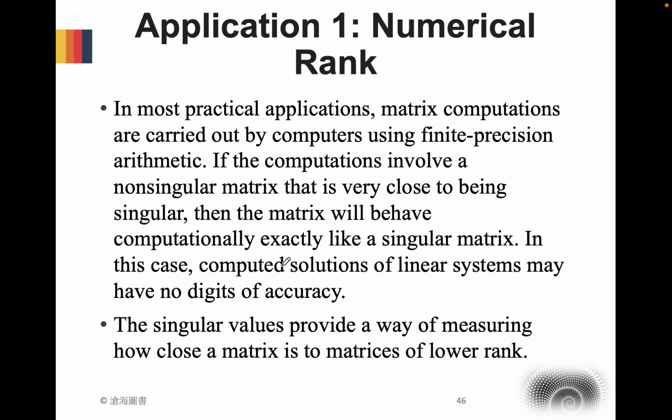in linear algebra, we like non-singular matrix. We like invertible matrix, right? So even if this matrix A is non-singular theoretically, but in real calculation, when we use a computer to calculate many times, the matrix will behave computationally like a singular matrix.